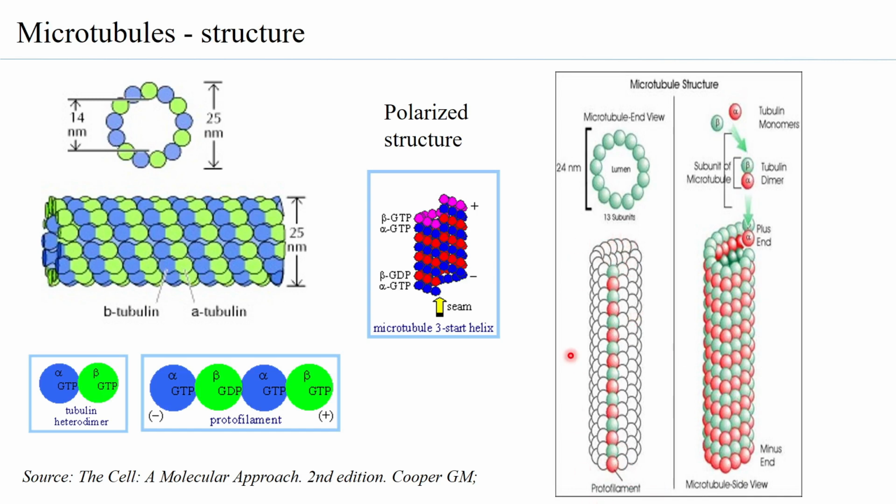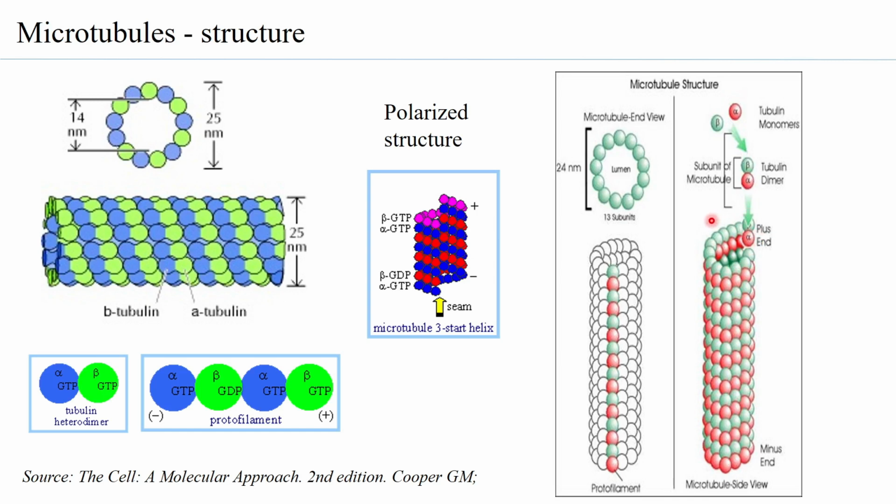So you have a polarized structure, with a minus end where the growth is much slower, while at the plus end there are a lot of tubulin dimers coming and associating. And so at this end you will have what is called a GTP cap.